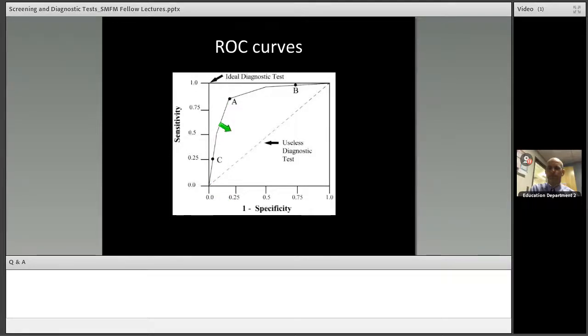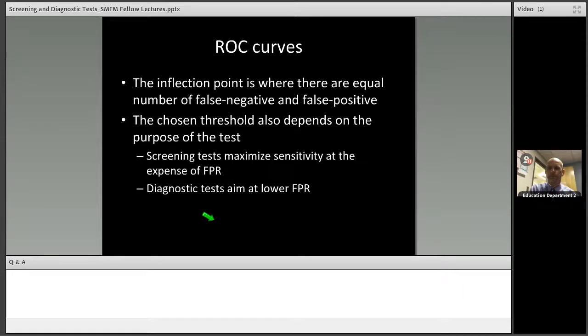So there's always that trade-off between 1 minus specificity or the false positive rate here, which is about 10 to 15% in this example, and the sensitivity here of about 80%. So there's always that trade-off between the two in determining what's the ideal cutoff point to use for any test.